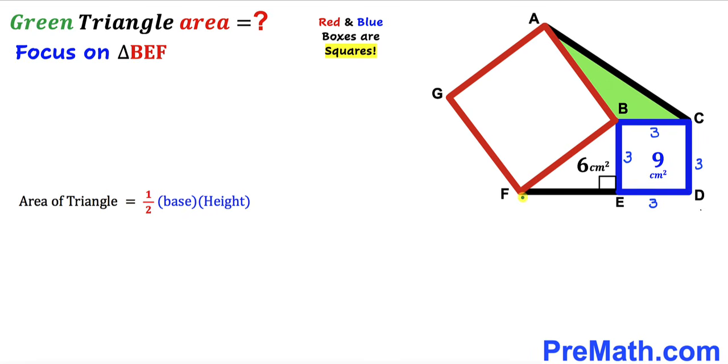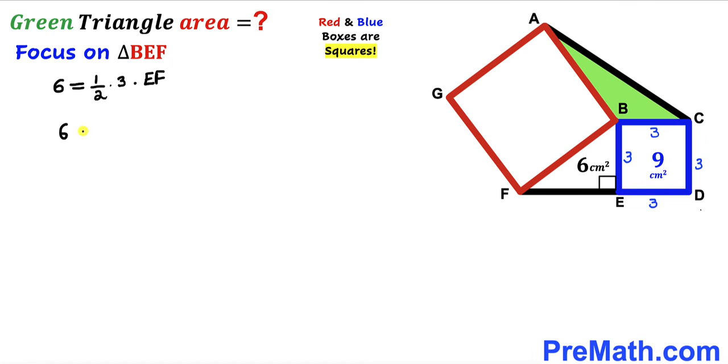In our case, the base is FE, the height is 3 cm, and the area is 6. So 6 equals a half times 3 times EF.